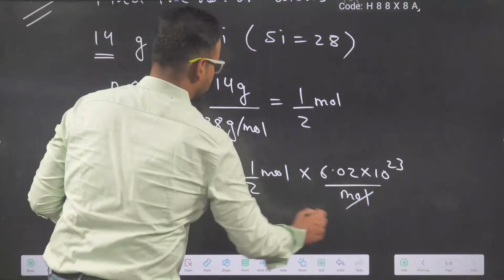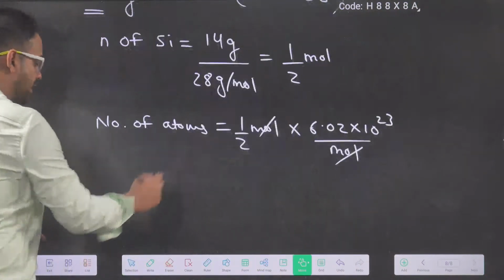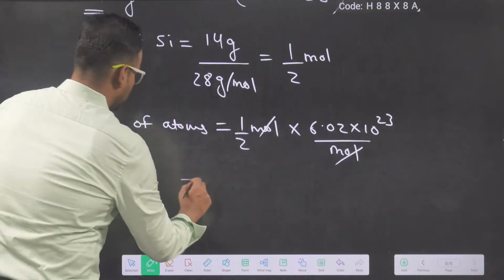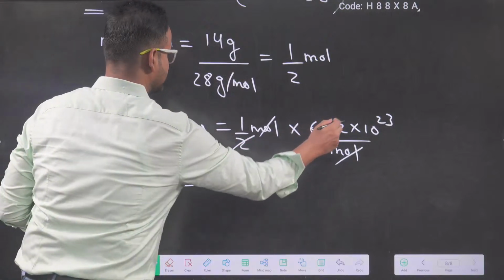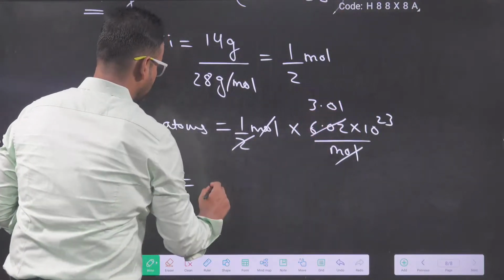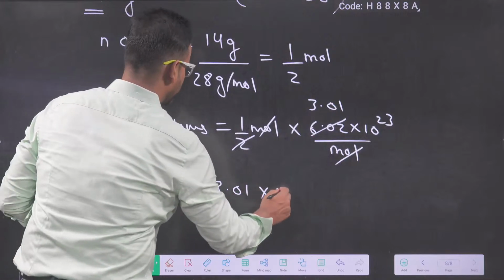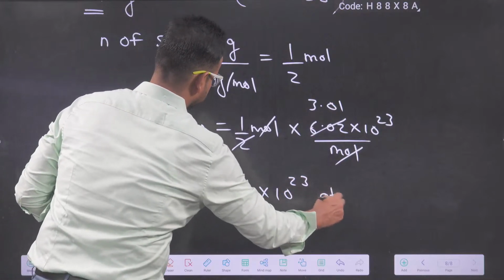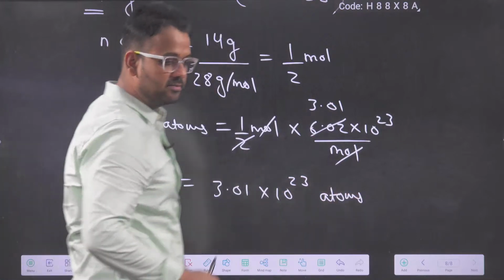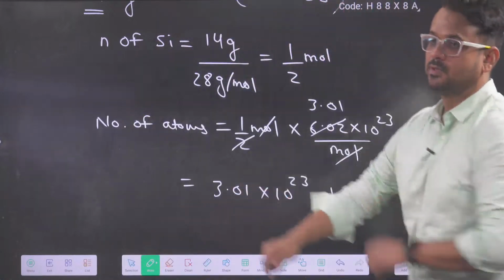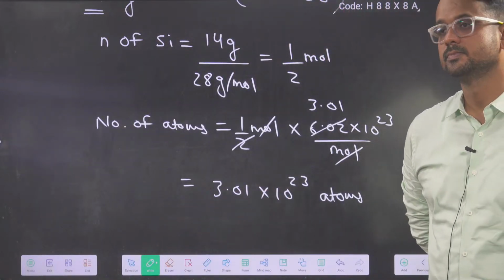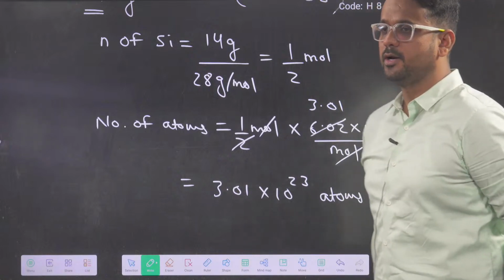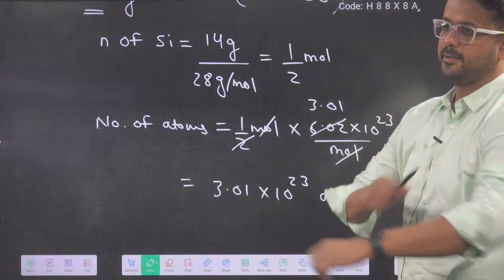The mole cancels, and the 2 cancels with 6.02, giving 3.01. So this is 3.01 into 10 to the power 23 atoms. Most of my students have given the correct answer, and 3.01 into 10 to the power 23 is absolutely correct.